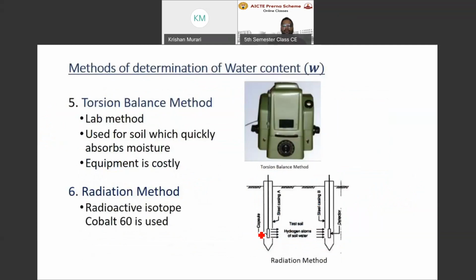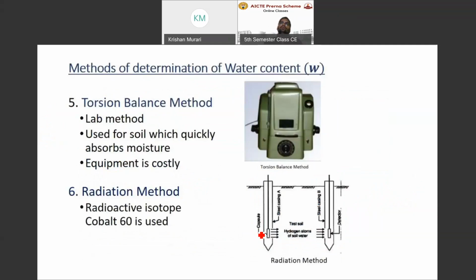Next method is the torsion balance method. What is the torsion balance method? This is also a lab method. It is particularly used for soil which absorbs moisture, like clay.